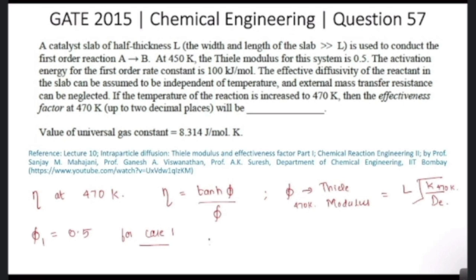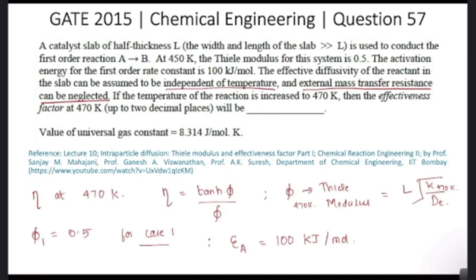Other data they have given is that the activation energy EA is equal to 100 kilojoule per mole. And they have also mentioned that the effective diffusivity of the reactant in the slab can be assumed to be independent of the temperature, and external mass transfer resistance can be neglected as well. So based on all these data, let us see how we can find the internal effectiveness factor at 470 Kelvin.